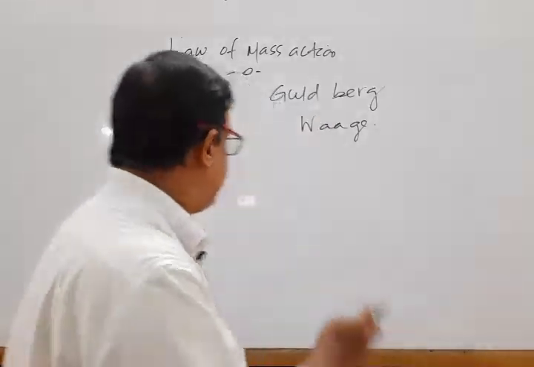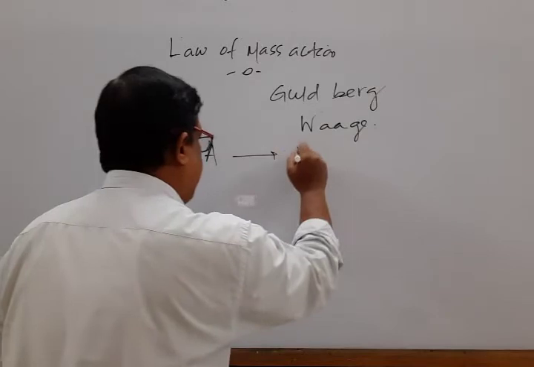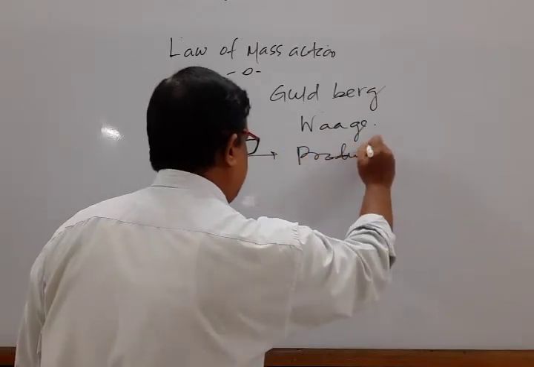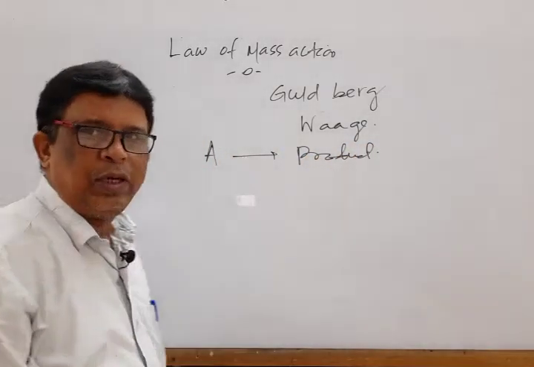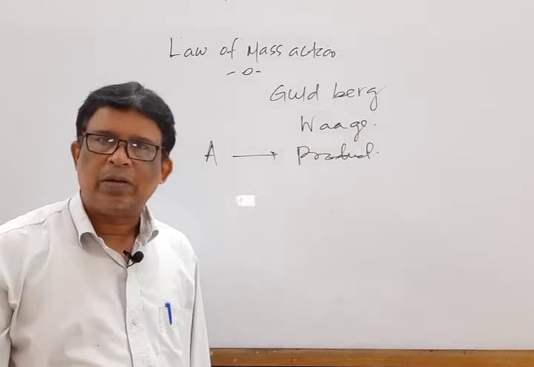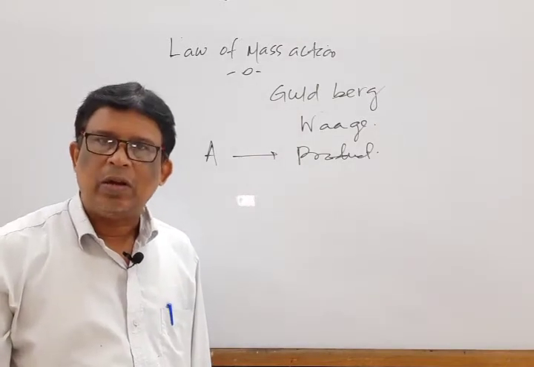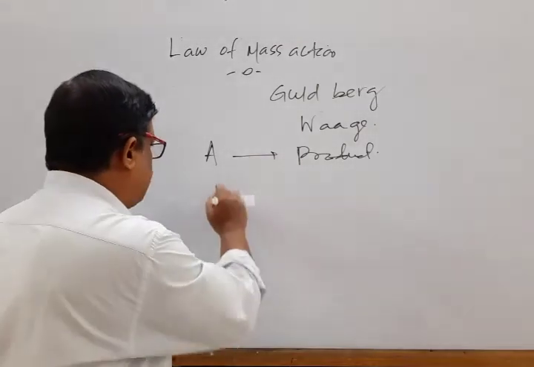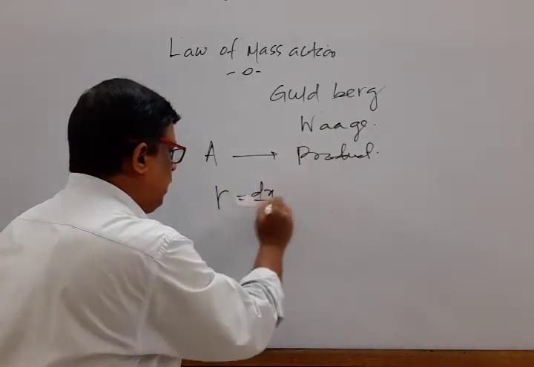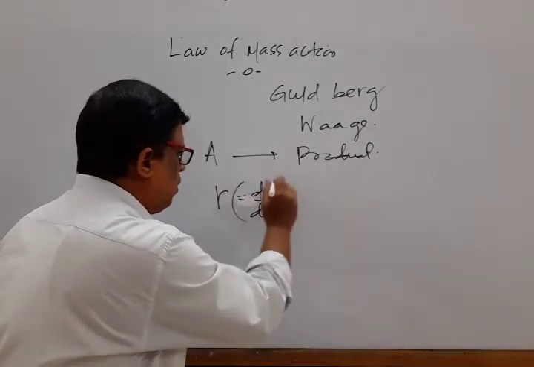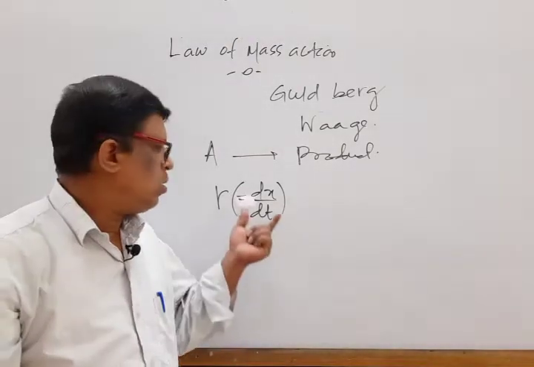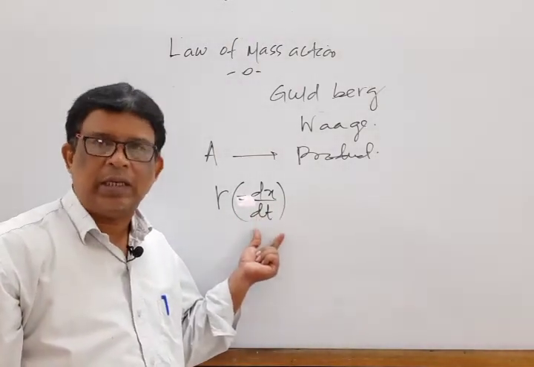Mark that. Let us consider a hypothetical reaction A gives rise to the product. Then, according to this law, the rate of a reaction R is equal to dx by dt. What do you mean by rate? The change in concentration with respect to change in time.